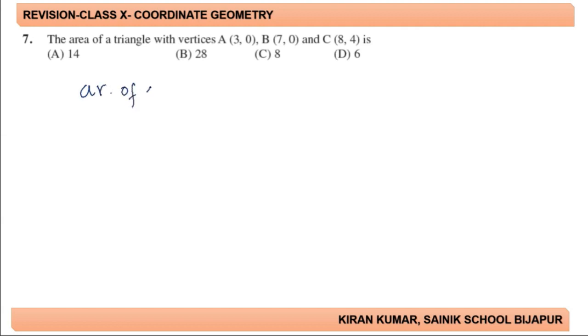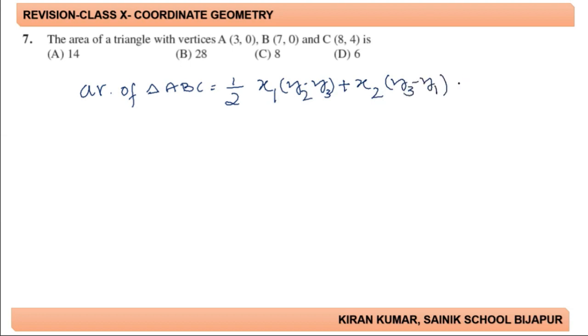So the area of triangle ABC is given by the formula half times, and I have given you a hint on how to write it: x1 (y2 minus y3) plus x2 (y3 minus y1) plus x3 (y1 minus y2), which goes in a cyclic order. This is the formula. Let's substitute.